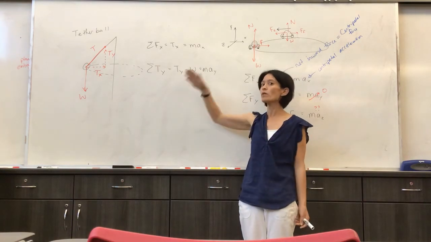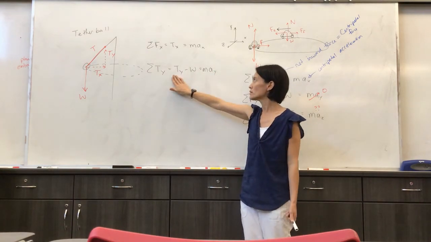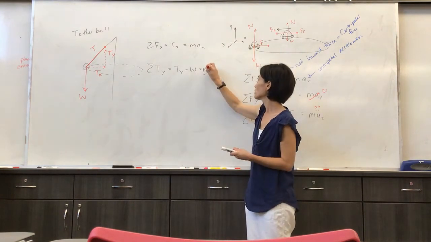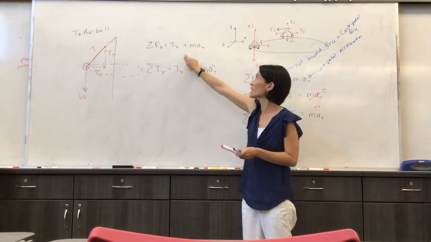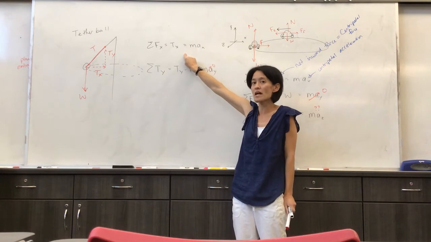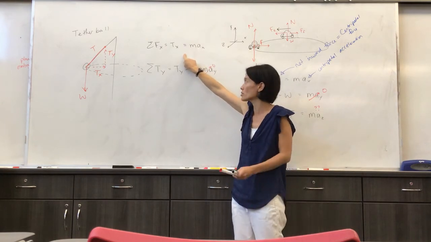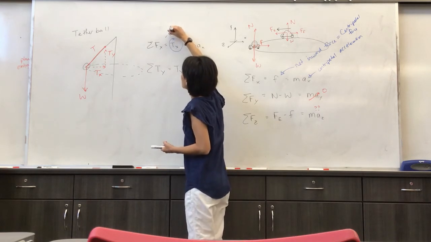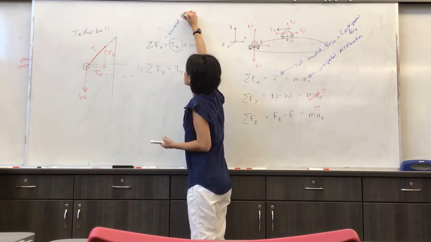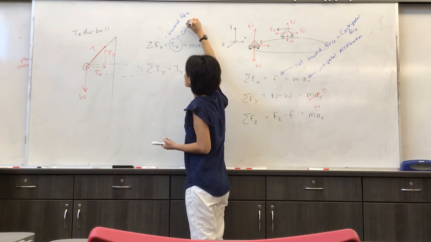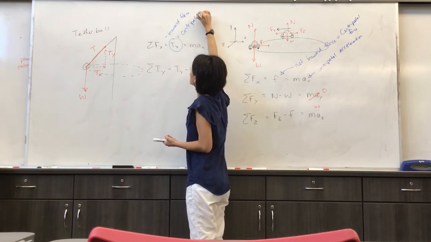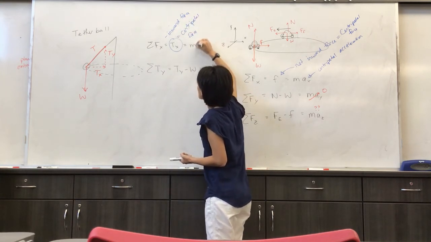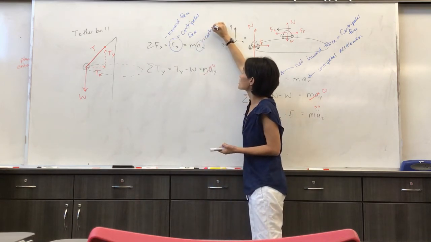In this case, if the ball is not accelerating up or down, this will be equal to 0. But there's nothing that's canceling out this Tx. This Tx is an unbalanced net force. So in this situation, Tx is my inward force. It is my centripetal force, which means that this is my centripetal acceleration.